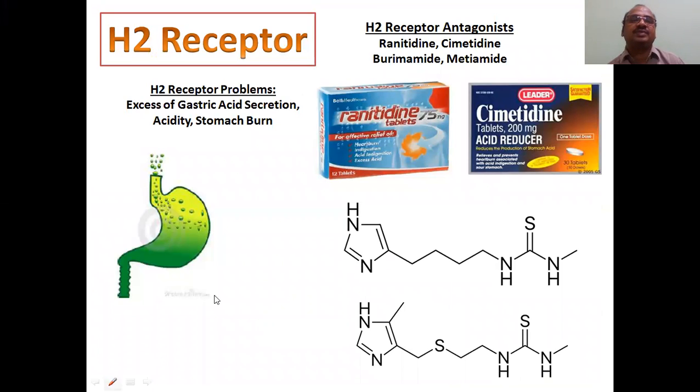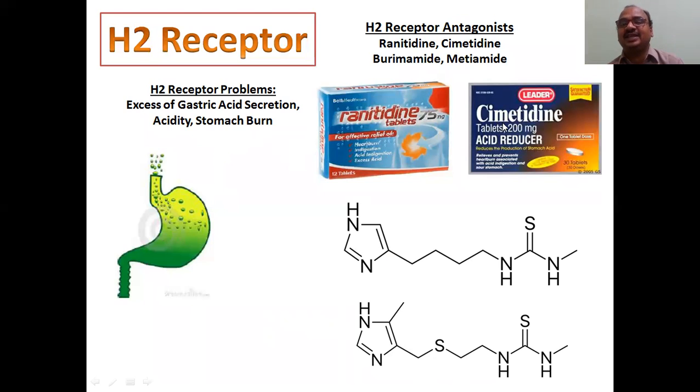H2 receptor: excess gastric acid secretion. See here how the gas is created. This is mainly due to the histamine and H2 receptors in the stomach. Acidity, stomach burn, and the antagonists which work against the acidity: ranitidine and cimetidine are very important drugs.